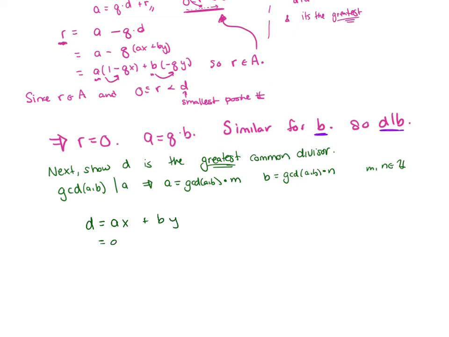So that's the GCD of a and b times m times x plus the GCD of a and b times n times y, which tells me that the GCD of a and b divides d. So it's going to be smaller than or equal to d because they're both positive quantities.